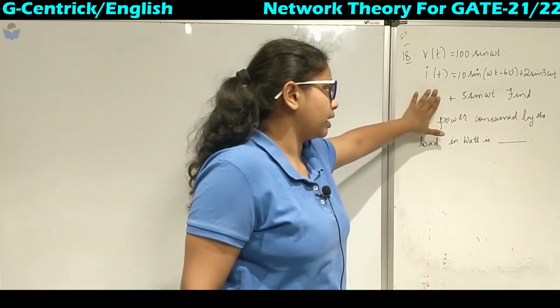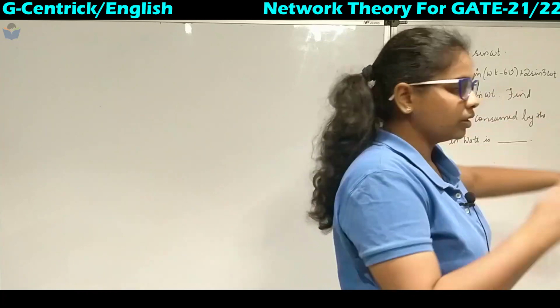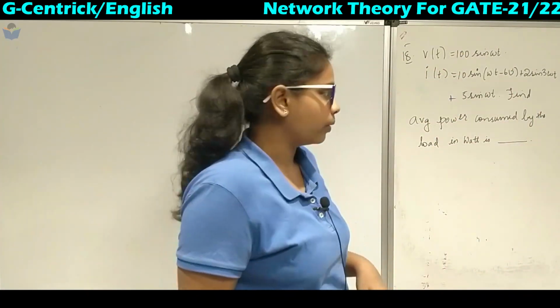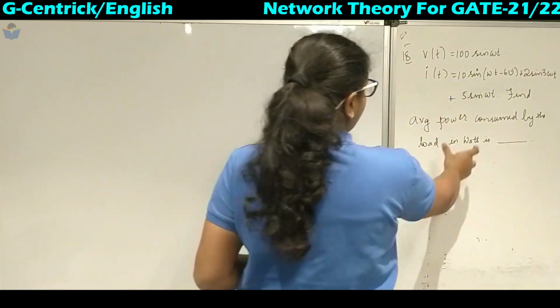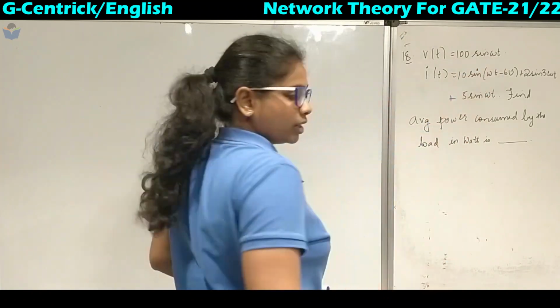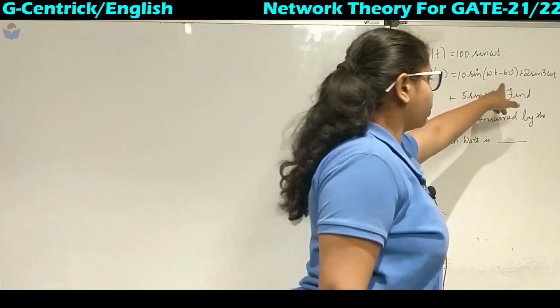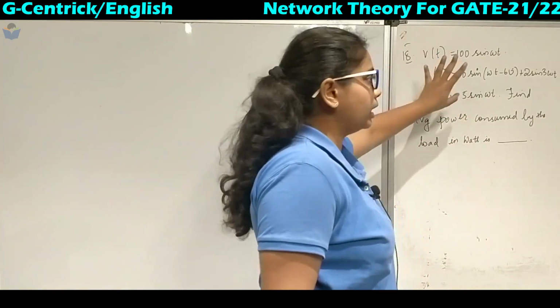There, we had seen that whether they have the same frequency or different frequencies, we can solve by taking the square root of the magnitude upon root 2 whole squared. But in this case we cannot do that, because here we have one component of voltage and three components of current. So 1, 2 and 3. So what do we have to find? The average power consumed by the load.